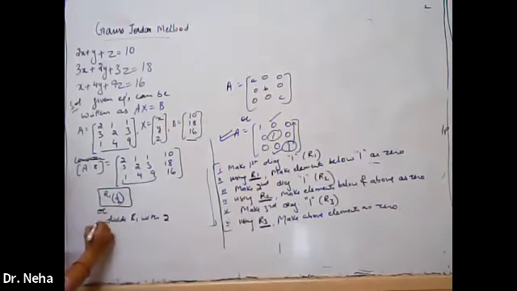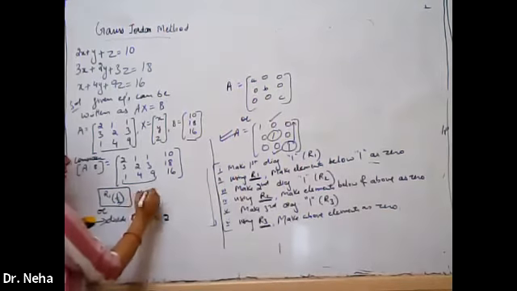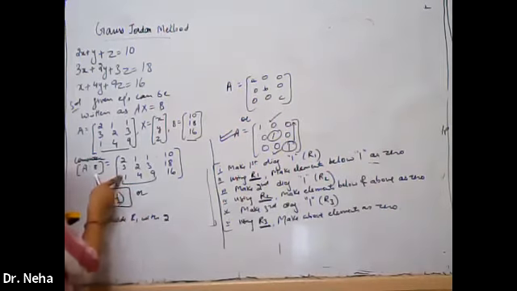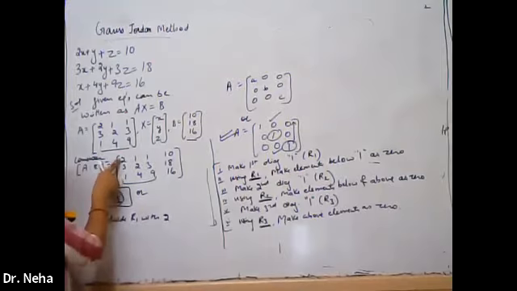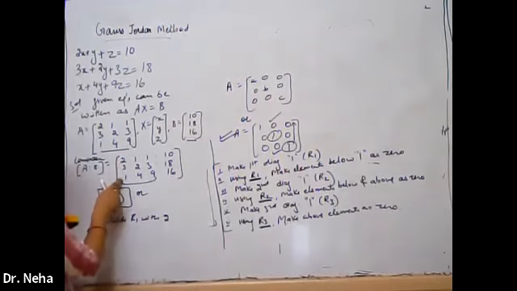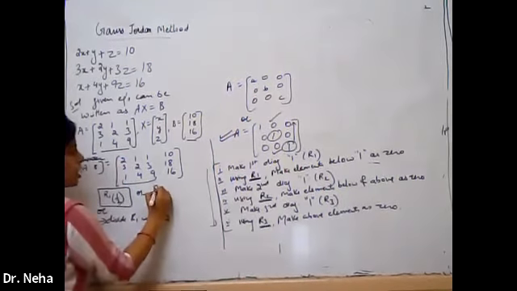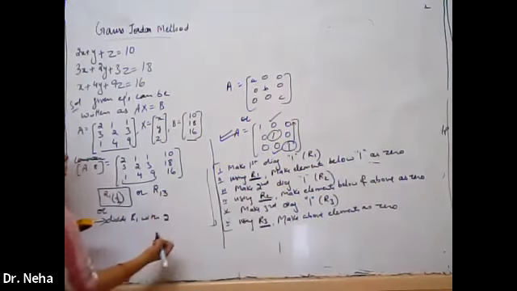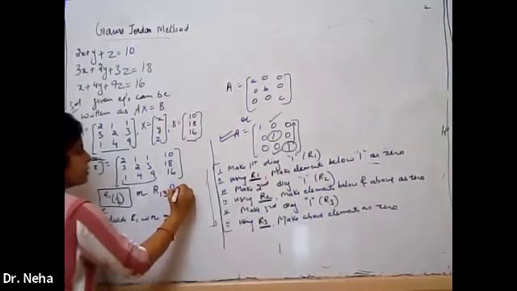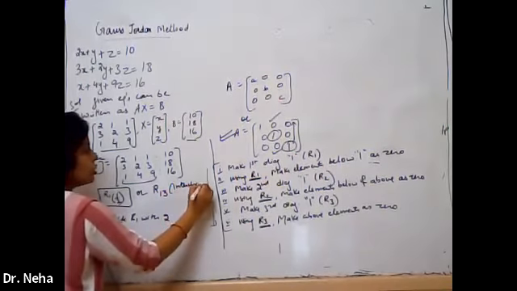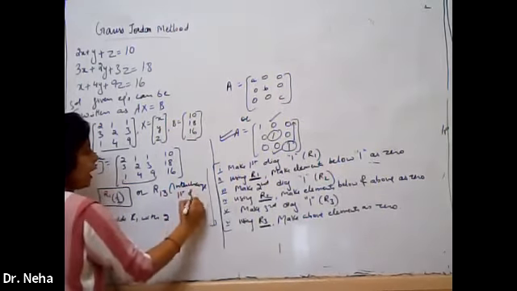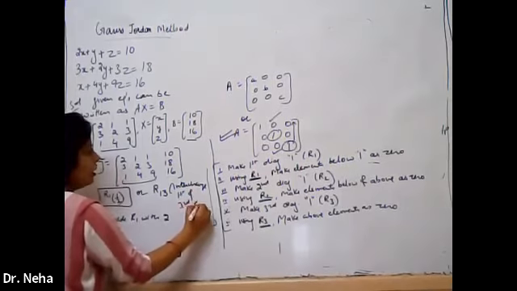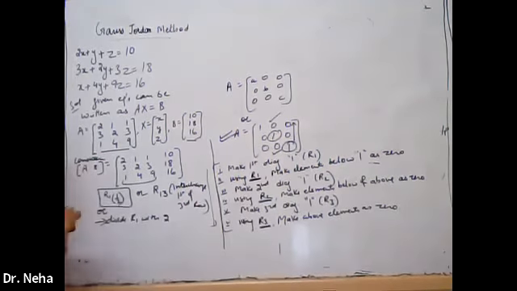Both are one and the same thing. Or what is the second way? There is 1 in the first column, so let's interchange the first and third row. How to interchange? R1, 3 means interchange first and third row. Clear?